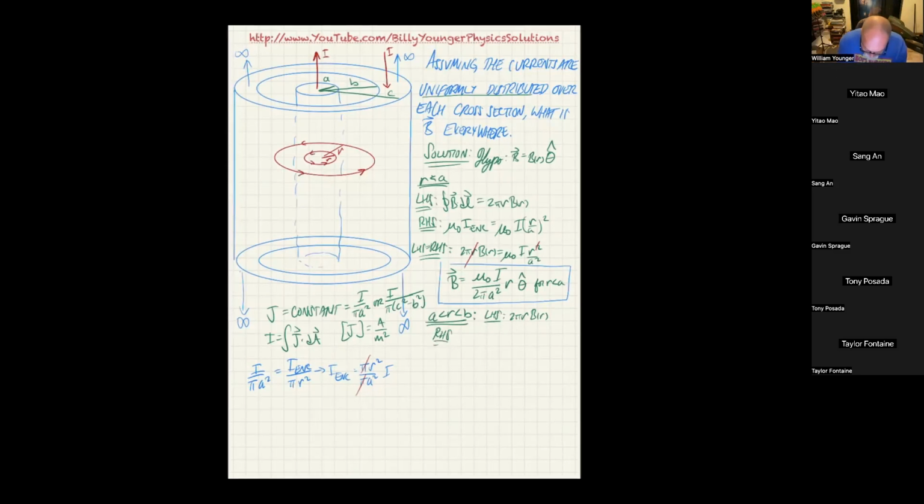So the right-hand side here is just going to be mu 0 I enclosed, which is, notice now that I've got the radius bigger than a, the whole current. So it's mu 0 I, and that happens to be in the positive direction. So I now get B is equal to mu 0 I over 2 pi r theta hat for a less than r is less than b.